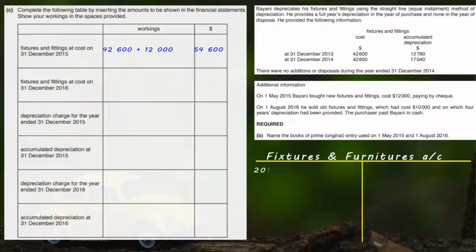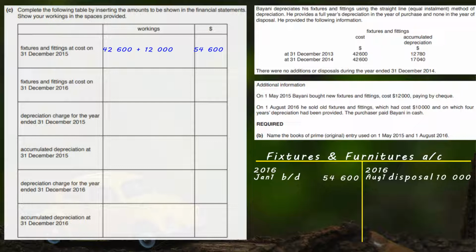Now, what will happen to 2016? In 2016, we had a balance brought down of 54,600. We didn't purchase any additional, but we have to transfer to disposal a fitting that was 10,000 in cost. So transfer that to disposal on 1st August.